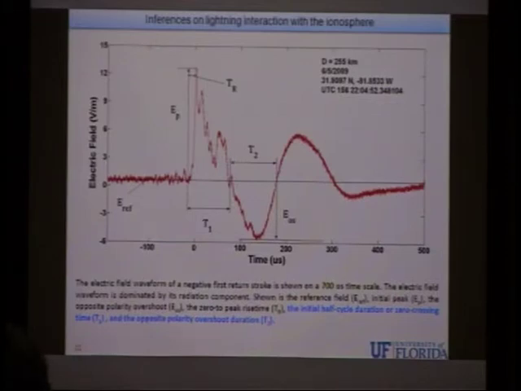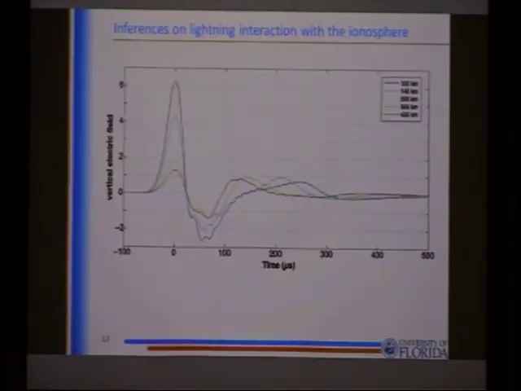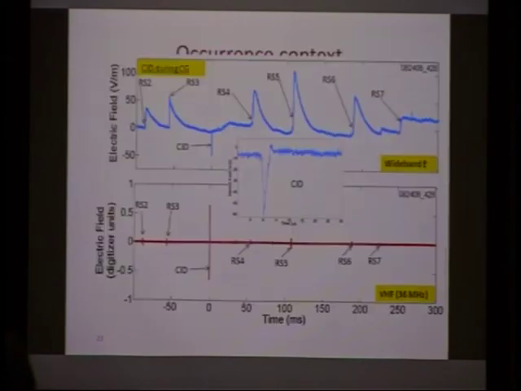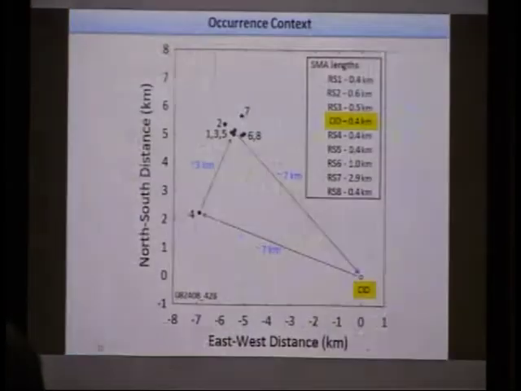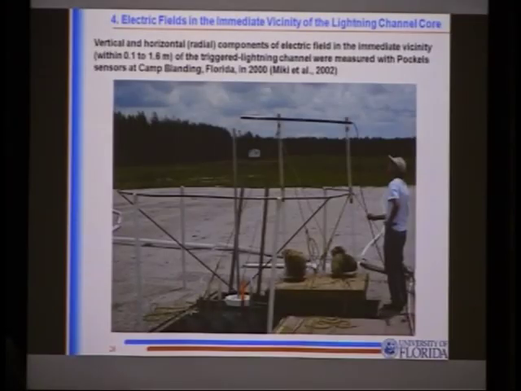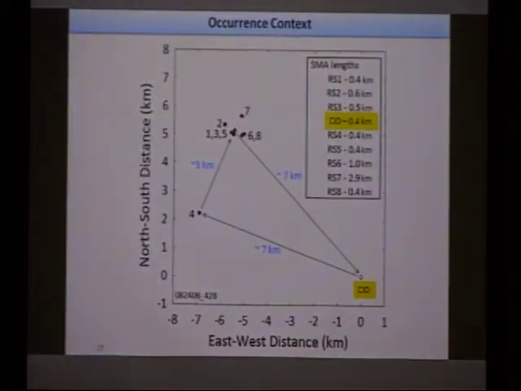Thank you. And I have another question about the CID. You showed the CID in two return strokes. And because the horizontal distance is like 7 kilometers, it seems that they are not in the same process.